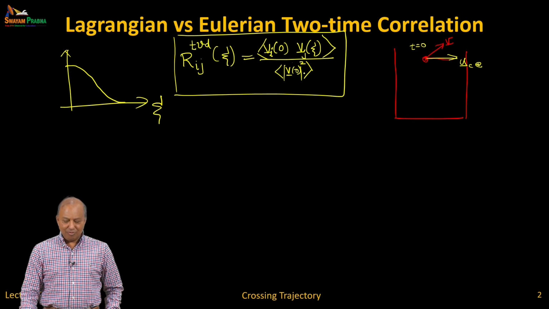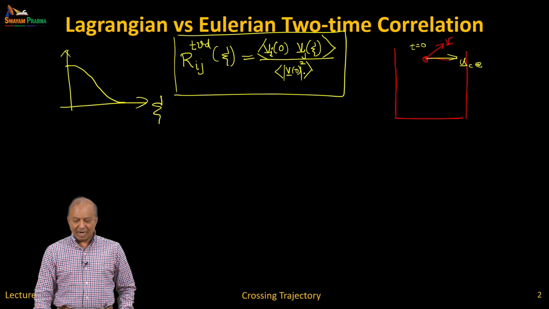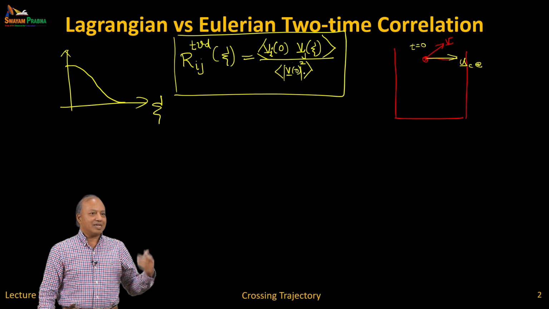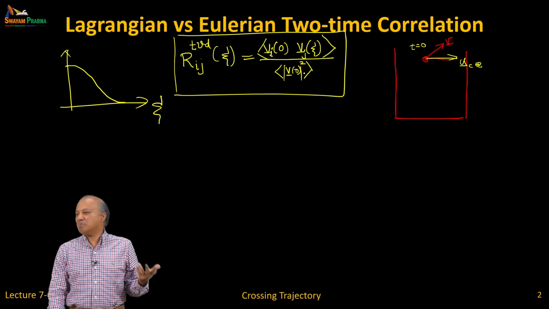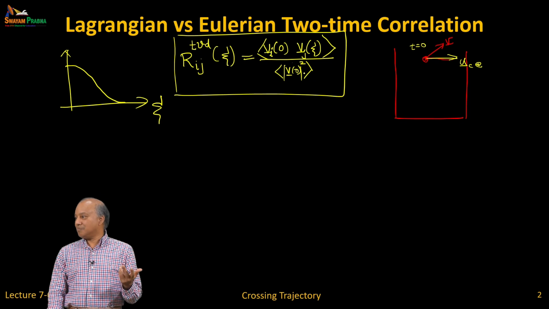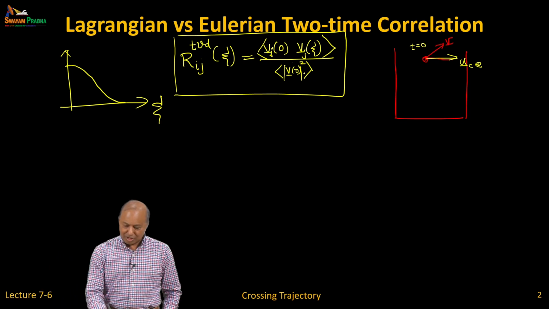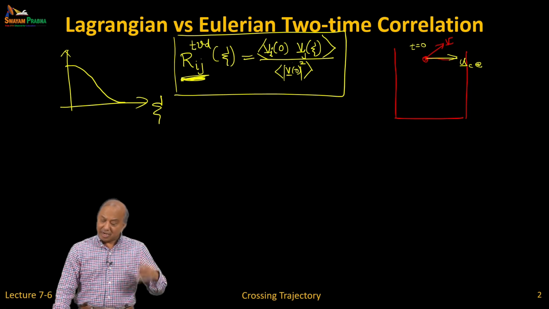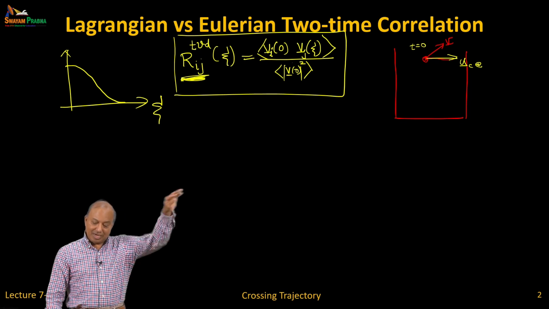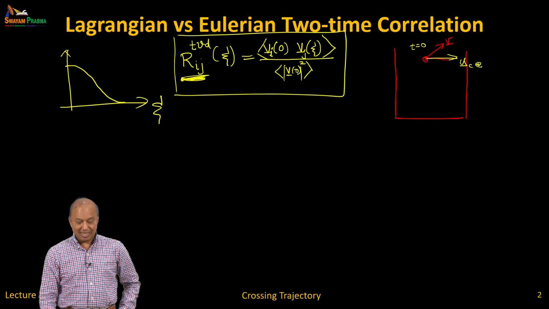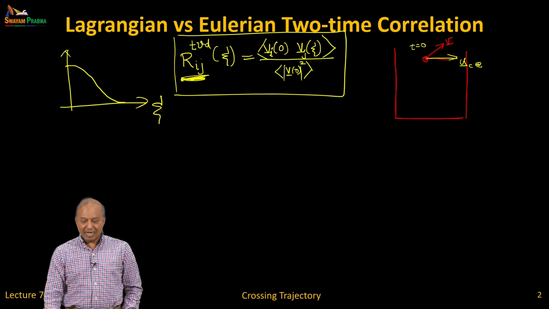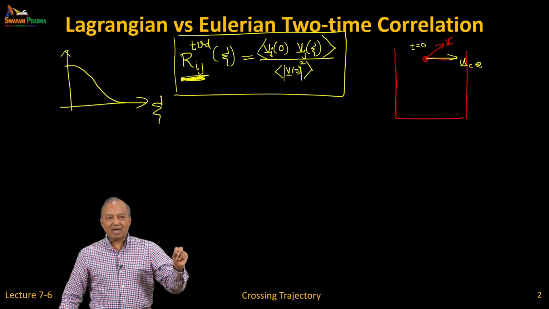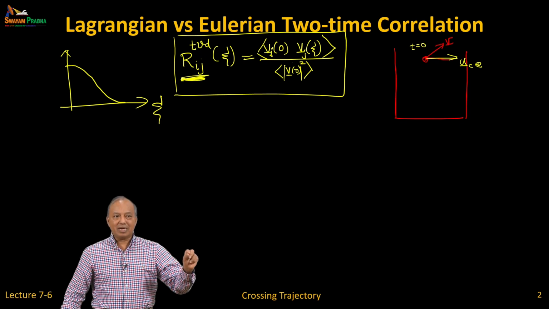Yesterday somebody commented that this most likely will be diagonal. In other words, x velocities will correlate, x and y velocities may not correlate, y velocities may correlate. So this tensor may be diagonally dominated, and if it is isotropic, the diagonal elements will be exactly the same. But the important thing is that this is the correlation between particle velocity following a particle at 2 different times.